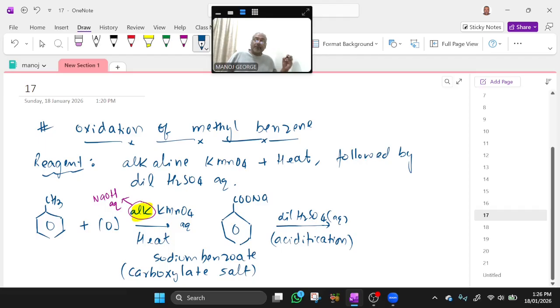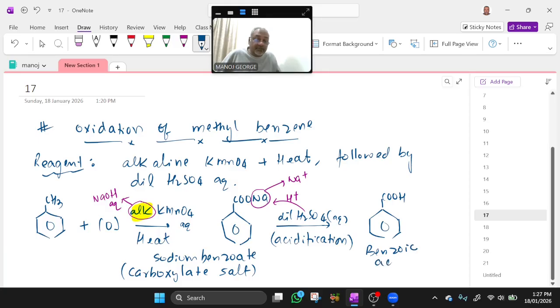We are just pumping a lot of H plus ions into it, and the Na is going to be kicked out as Na plus. Of course, the Na plus will combine with the sulfate to form sodium sulfate, but that is not our main focus. Our main focus is that this sodium ion has to be replaced with an H plus ion. That's why we do it in two different stages. This acidification step ensures the formation of finally the carboxylic acid. This now becomes benzoic acid.